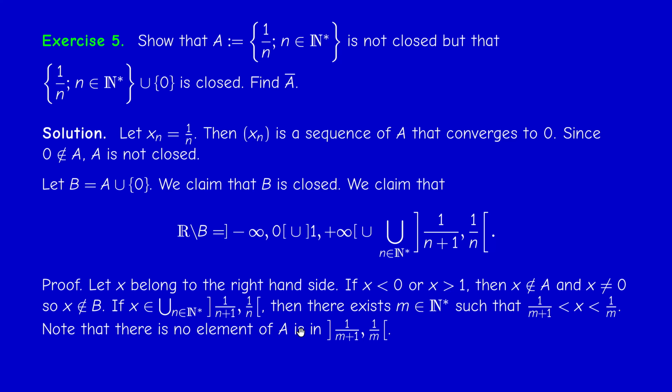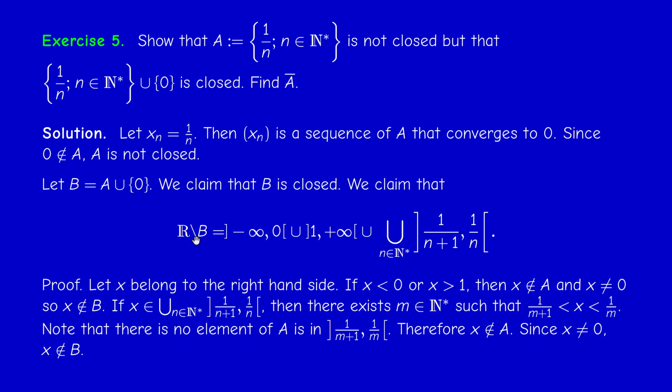So I have two pieces of information: X is not in A, and X is not 0, so it's not in B. So X is in the complement of B. This is the first part: this horrible set is contained in the complement of B. This is half of the equality.